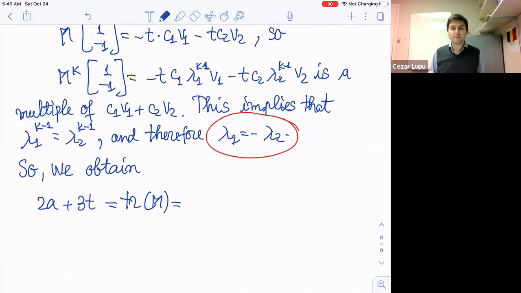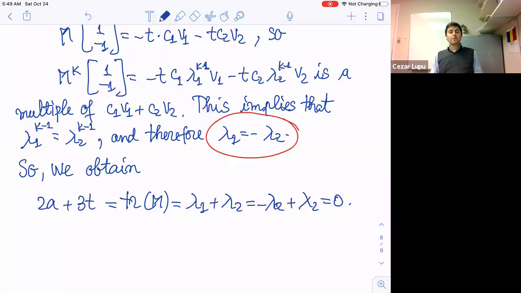On the other hand, it is the sum of the eigenvalues, which is lambda 1 plus lambda 2, but lambda 1 is negative lambda 2, so negative lambda 2 plus lambda 2, which is 0, right?